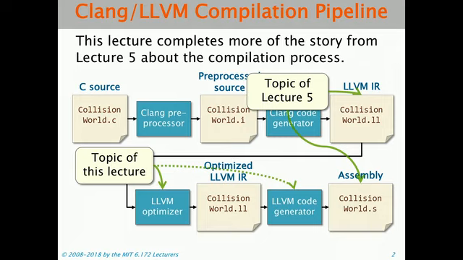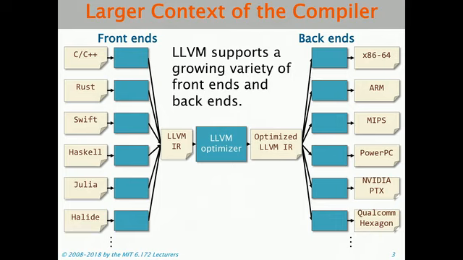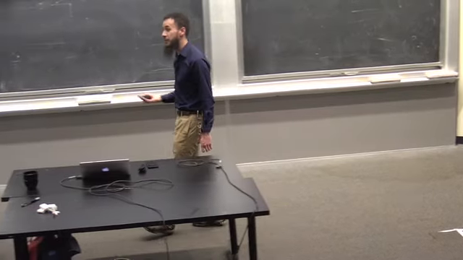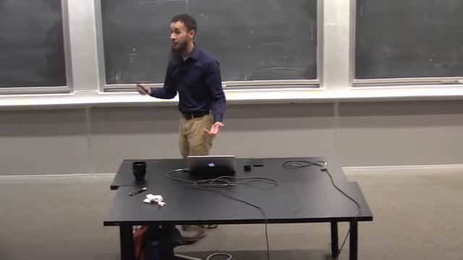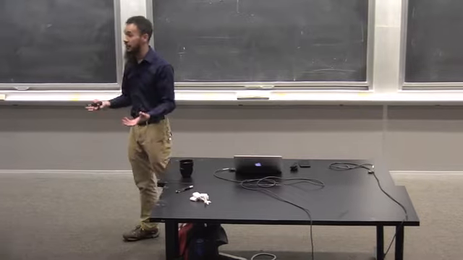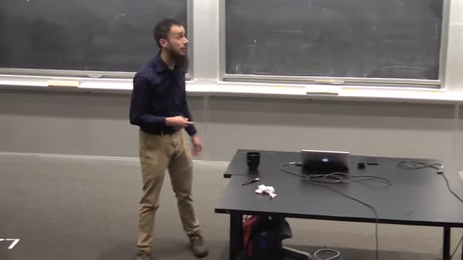Now, even though you're predominantly dealing with C code within this class, I hope that some of the lessons from today's lecture you will be able to take away into any job that you pursue in the future. Because there are a lot of languages today that do end up being compiled. C and C++, Rust, Swift, even Haskell, Julia, Halide, the list goes on. And those languages all get compiled for a variety of different, what we call backends, different machine architectures, not just x86-64.